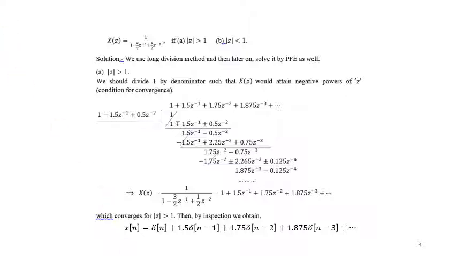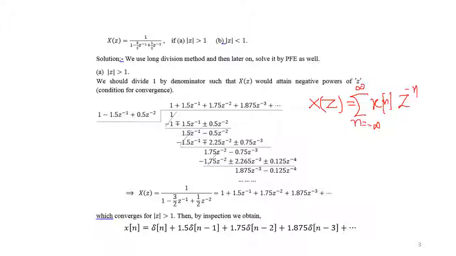So if I write the equation for X of z, you know that X of z equals the summation, running from minus infinity up to infinity, of x of n z power minus n.